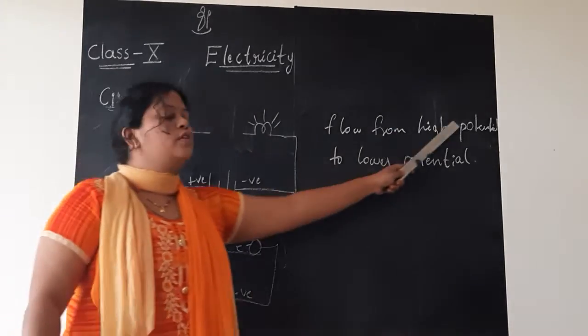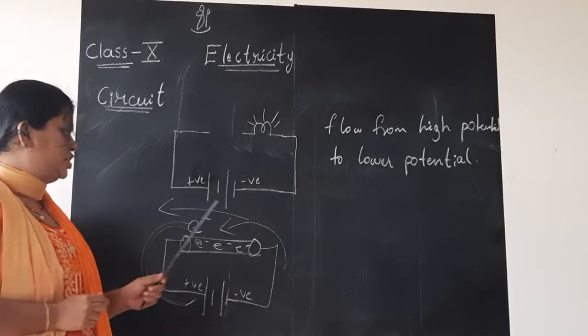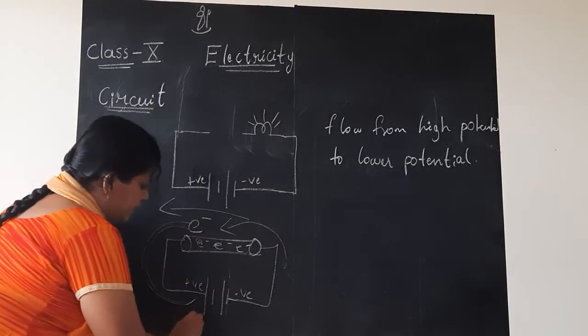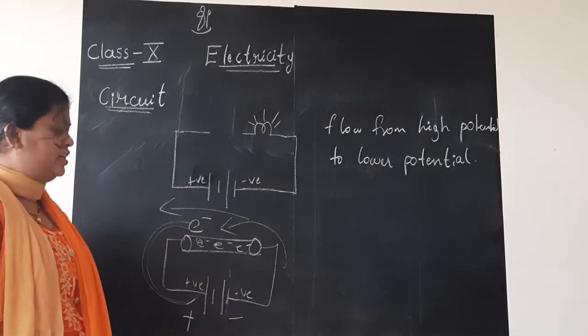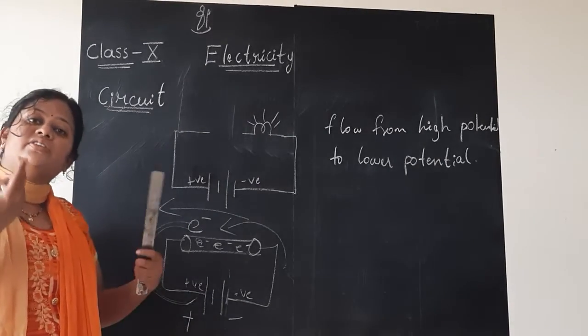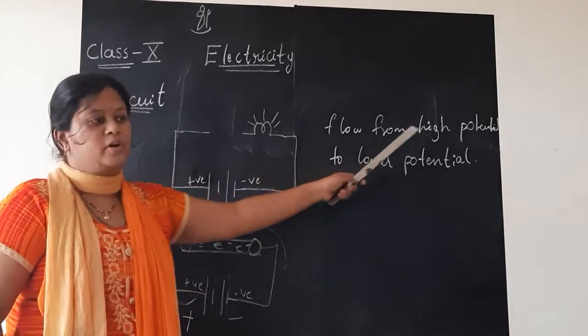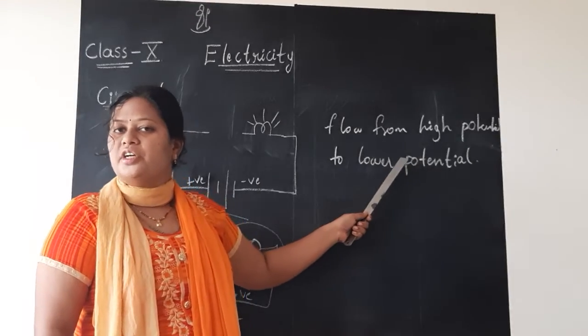What does higher potential mean? See, positive means more, which is increasing. Negative means which is decreasing. So the positive of the battery is something which is increasing, having high potential. The negative of the battery is having low potential.